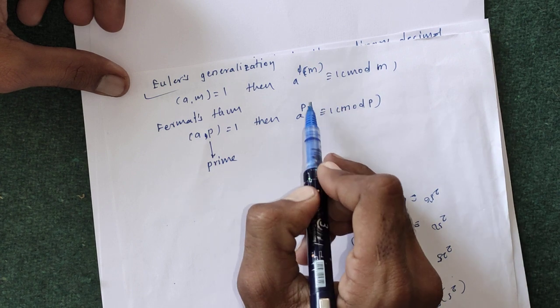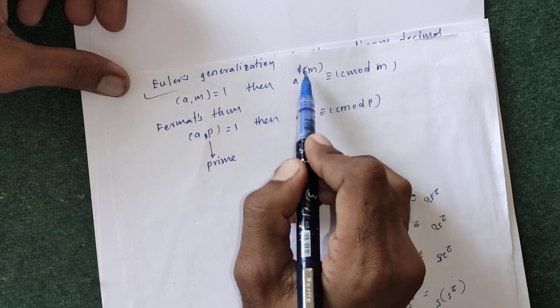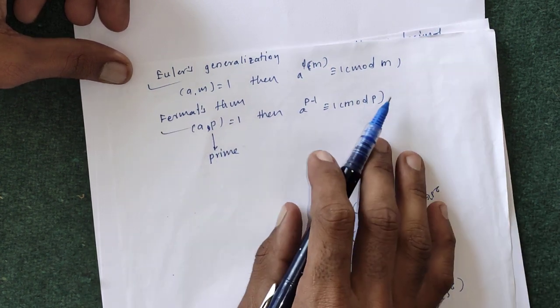Putting the value of M equal to P and phi of P equal to P minus 1, we get the proof of Fermat's theorem.